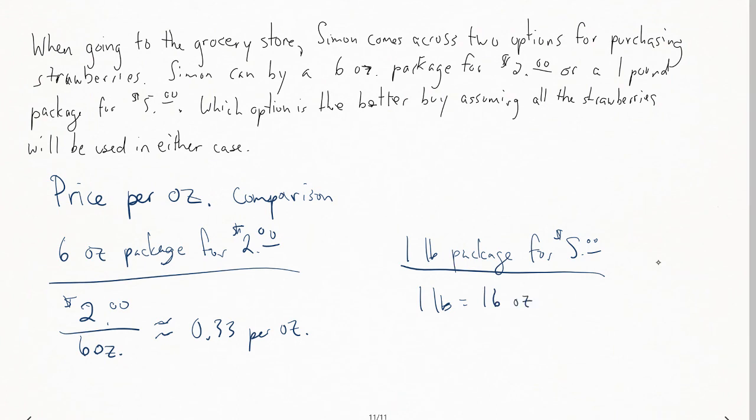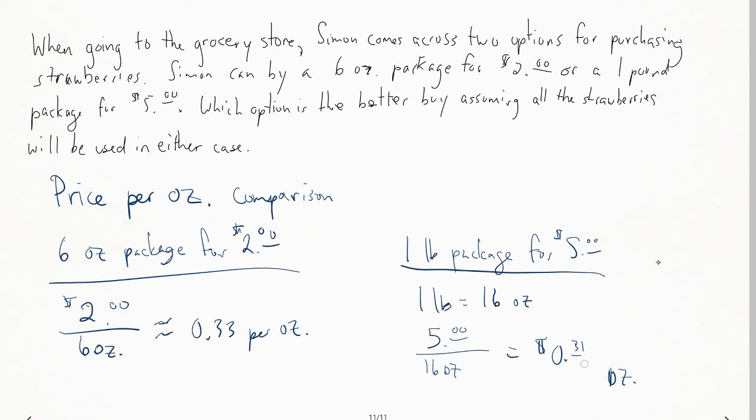And so in our case, we have $5 divided by 16 ounces. And so what should all that equal? Well, when you take that and divide it on out, you get approximately 31 cents per ounce.